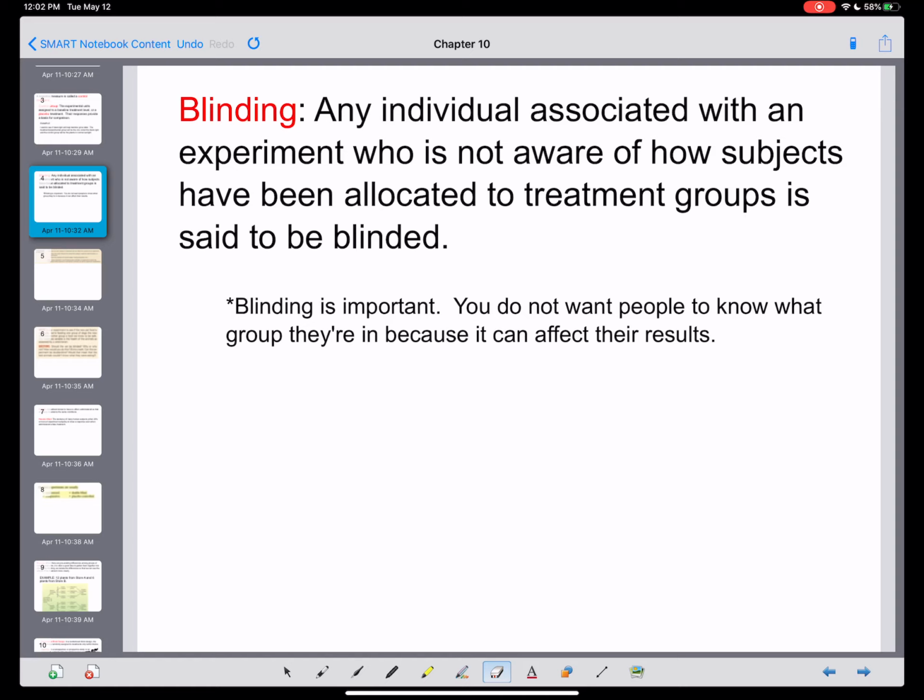We want them to come to these conclusions naturally, so you don't want to tell the subject what they're taking.